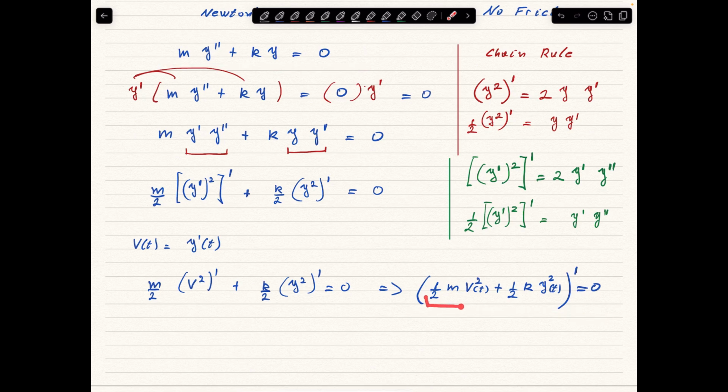But this equation says that this quantity here is constant along the motion because it has derivative 0. So this quantity is pretty important. So we are going to give it a name, and we are going to call it energy.